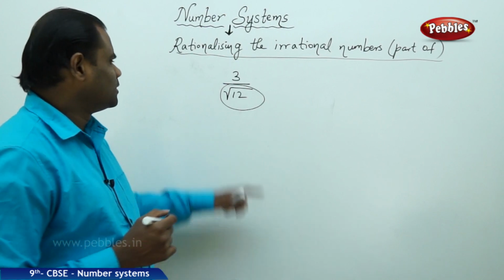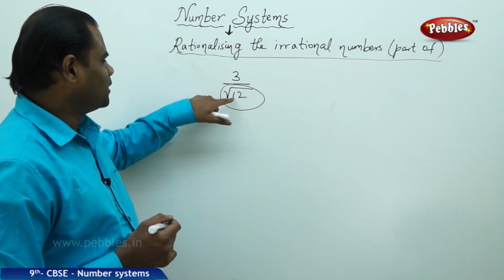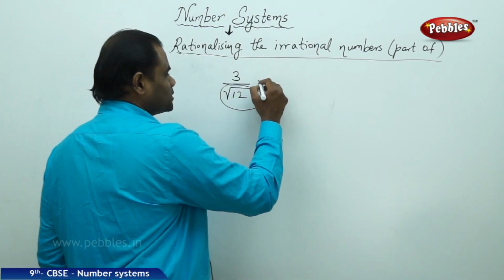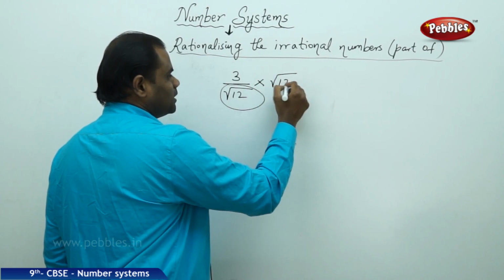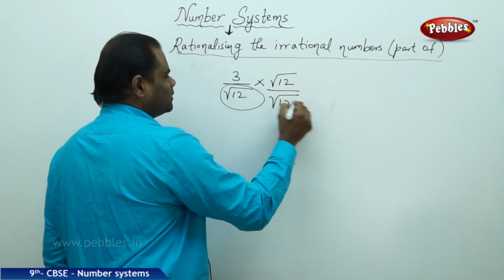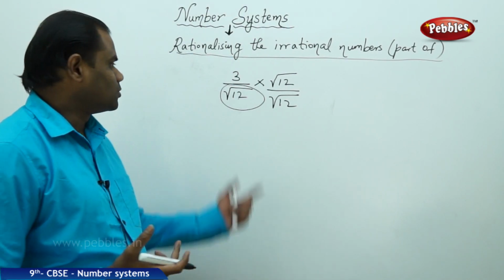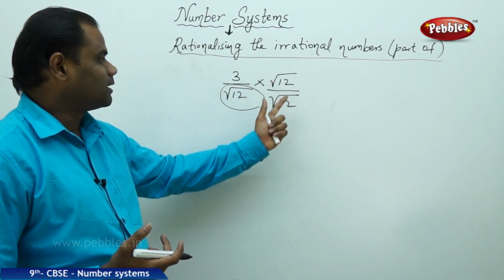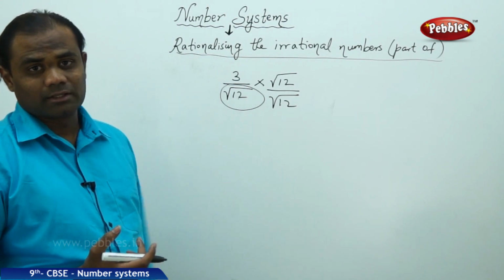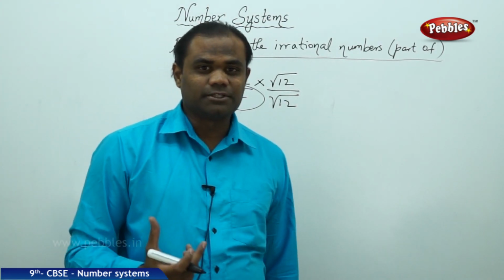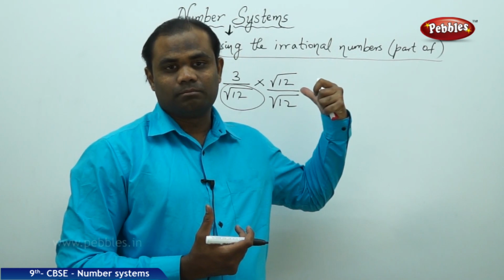It's very simple, because when you have the number 3 by root 12, I can simply rationalize the denominator by multiplying and dividing by the same number. So here is the root 12, so I multiply and equally divide so that it doesn't disturb the mathematical value.